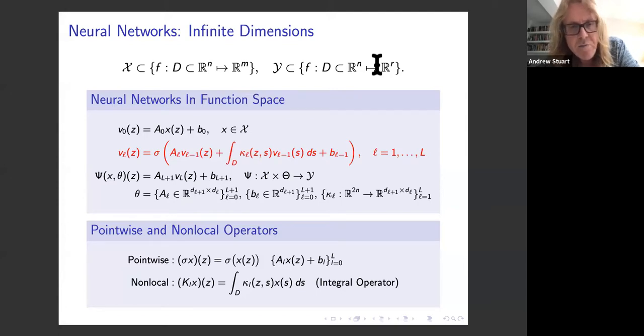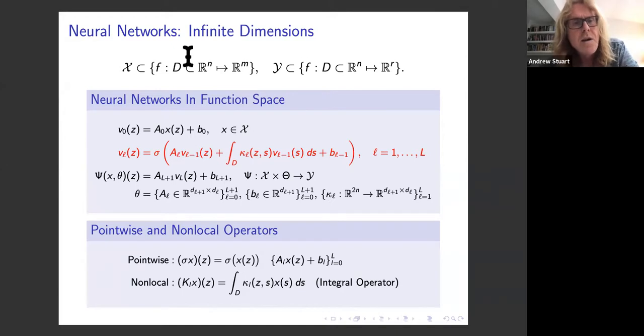And I'm going to make a neural network which looks like the deep neural network I've just shown you, but I think it's helpful to think in terms of local and non-local operators, or what I call here pointwise operators and non-local operators. And these are the analogs of the matrices and vectors which you saw in the finite dimensional setting on the previous slide.